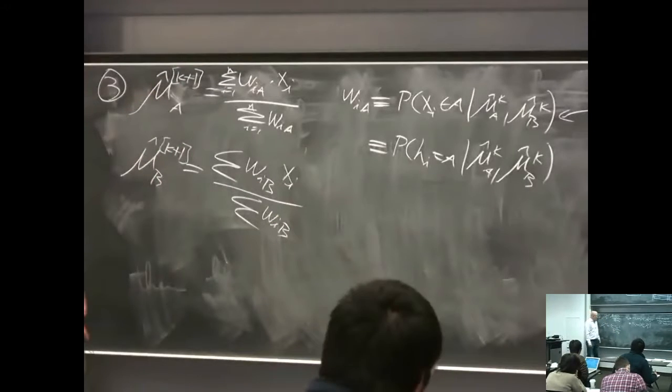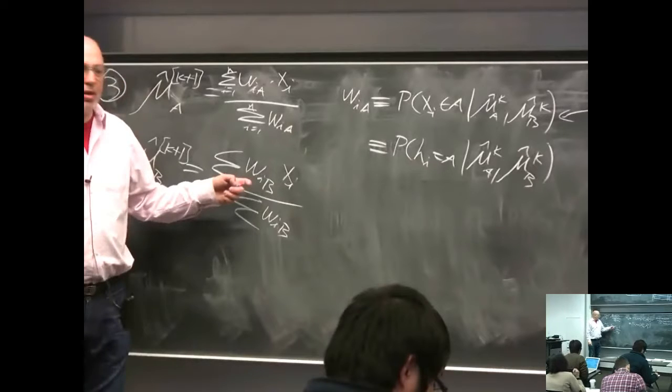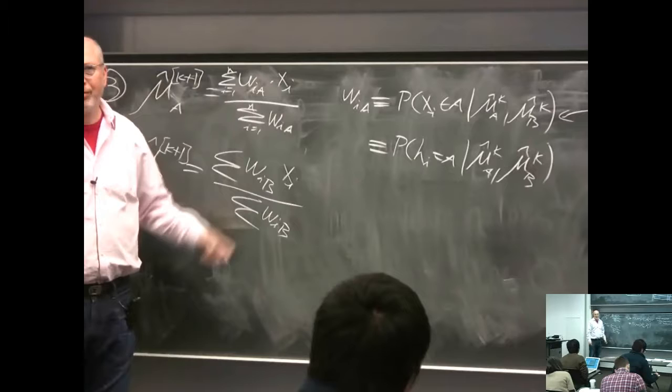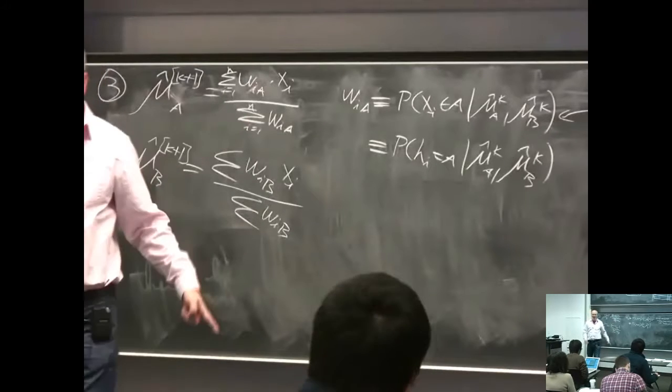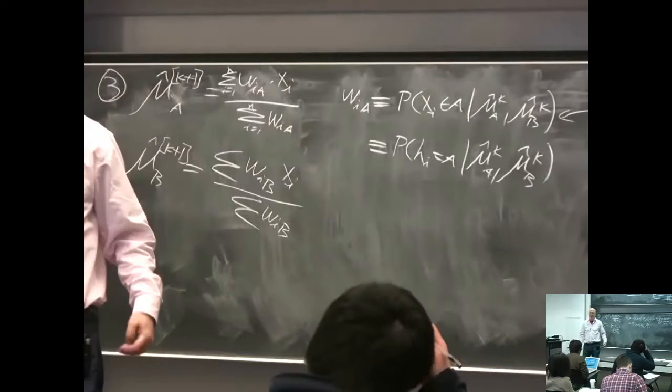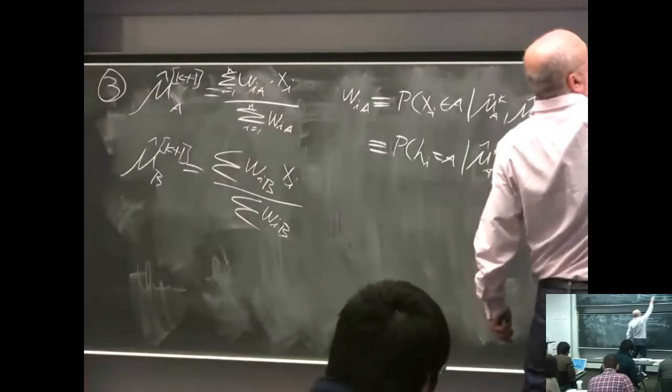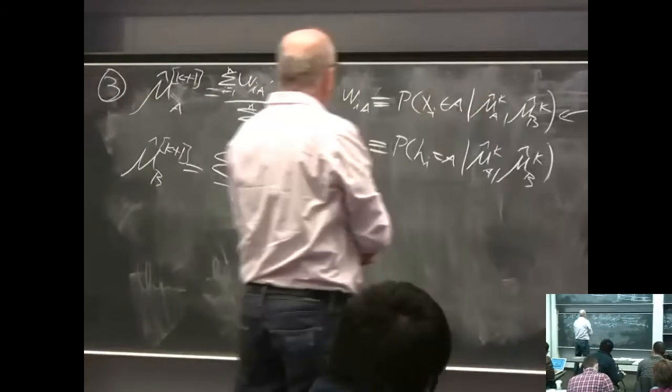The one shortcut is that wib is just 1 minus wia. So we don't need to recalculate it. We calculated for one of them, and the other one is 1 minus, because they sum to 1.